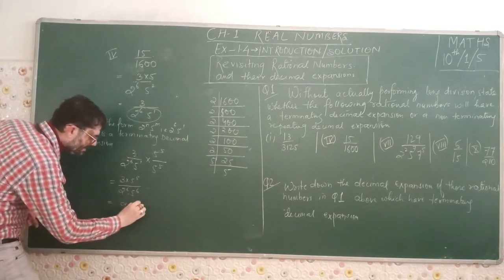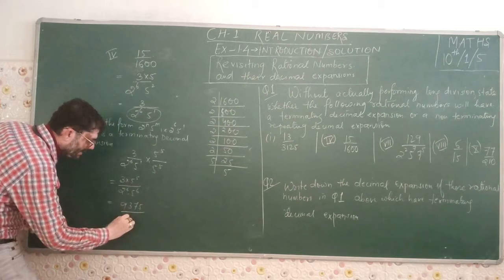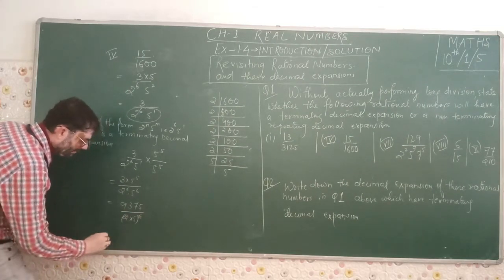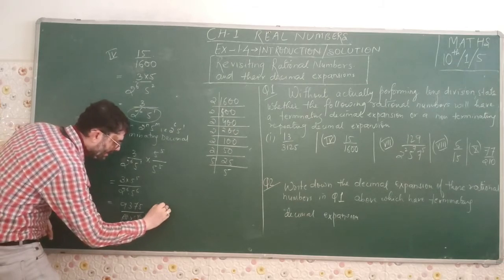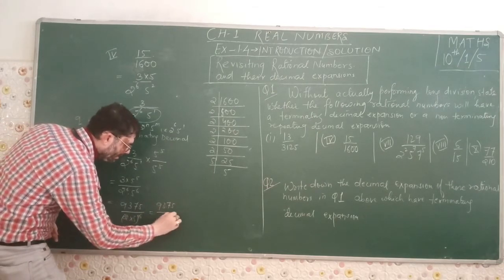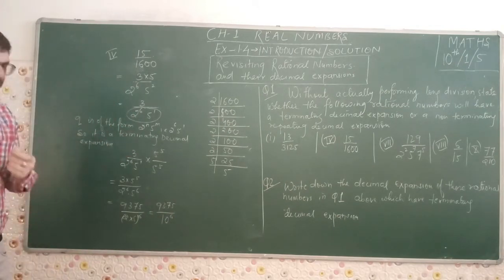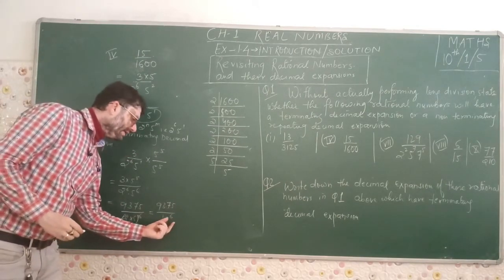So this is 9375 upon 2 into 5 whole to the power 6, which can be written as 9375 upon 10 to the power 6. That means we will have 6 decimal places, as the degree of 10 is 6.